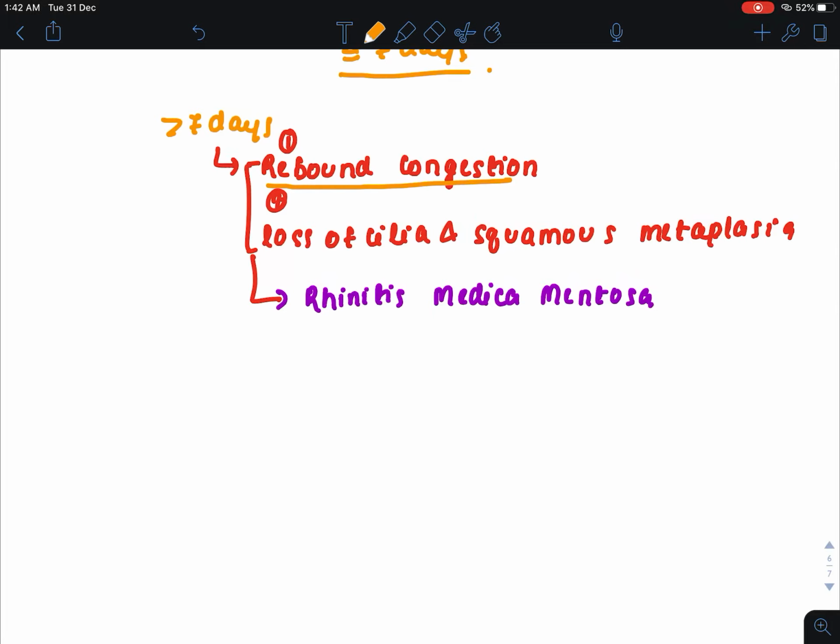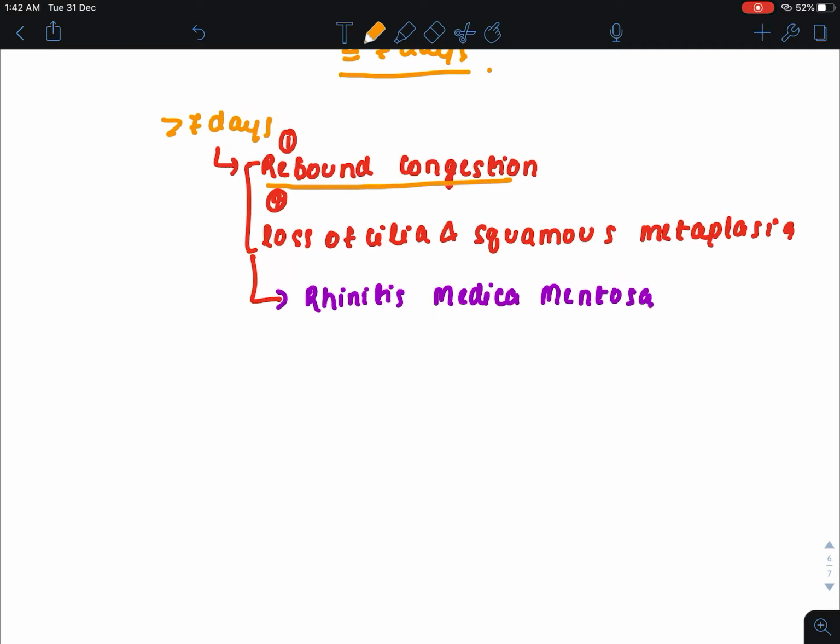So what is the meaning of rebound congestion? Up to 7 days nasal congestion is relieved, but if we use it for more than 7 days, the patient's condition gets worse. It is because now the patient requires an increased dose and frequency to get relieved from nasal congestion.